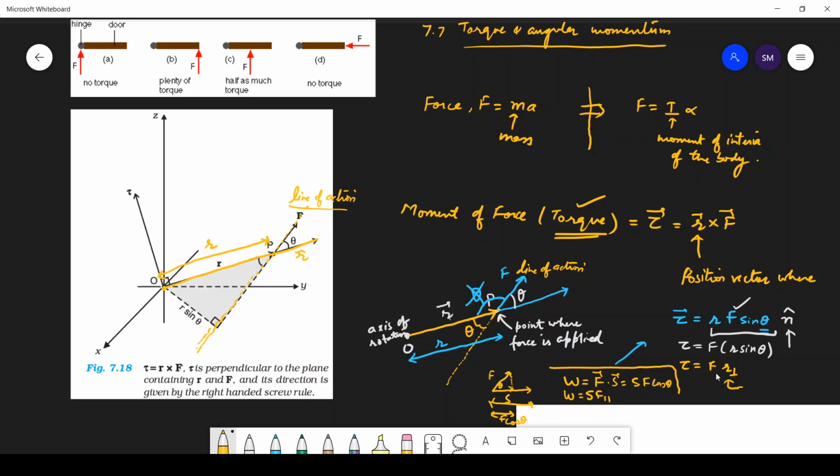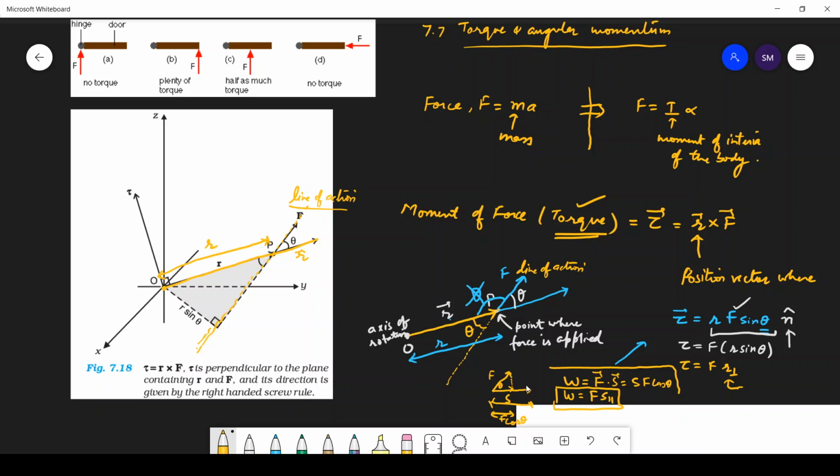If we project s in the direction of F, then how do we write it? Then we write it as F into s parallel. So displacement in the direction of force, that is what the work done is.